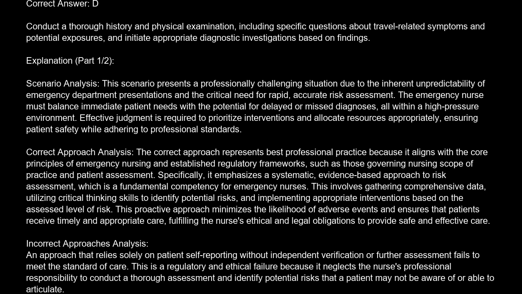This involves gathering comprehensive data, utilizing critical thinking skills to identify potential risks, and implementing appropriate interventions based on the assessed level of risk. This proactive approach minimizes the likelihood of adverse events and ensures that patients receive timely and appropriate care, fulfilling the nurse's ethical and legal obligations to provide safe and effective care.